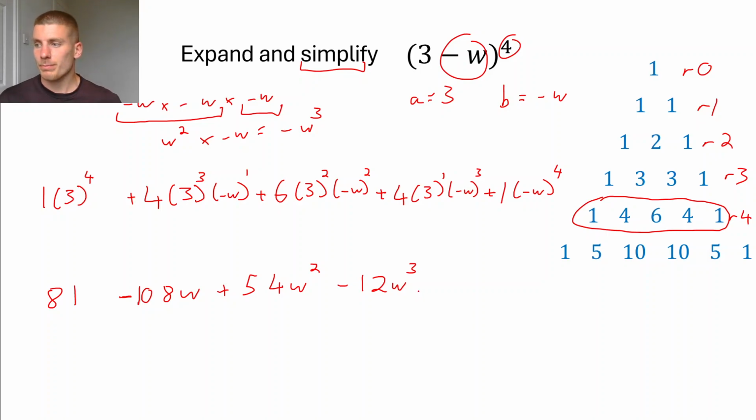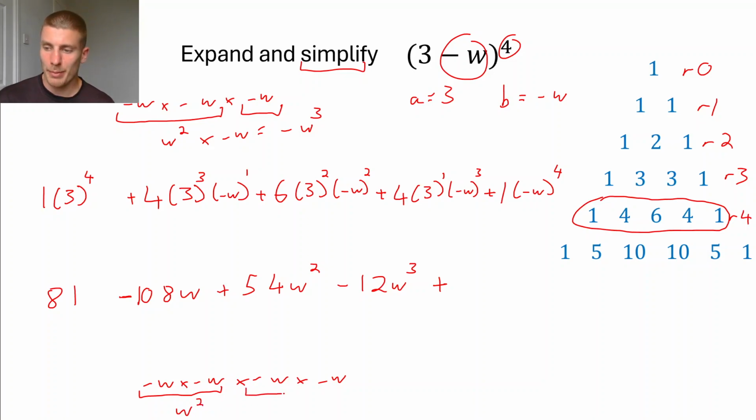Done. Last but not least, we've just said that if you've got a negative there, it will go minus, plus, minus. So it should go plus again, which should make sense. Minus w to the power of 4 means minus w times minus w times minus w times minus w. Now you've just seen that if you multiply two negatives, you get a positive w squared, and you've got the same thing over here.